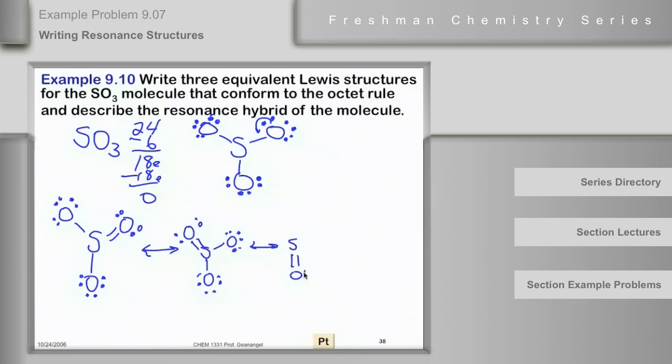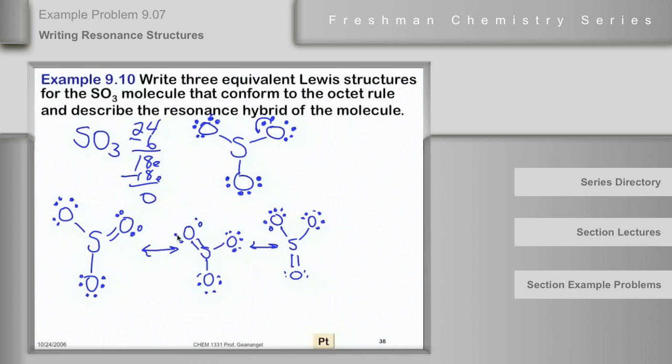We're just moving electrons, nothing else. We're not moving the atoms. Are there any other resonance forms? Keep in mind, resonance forms have to obey the octet rule, and these all do.